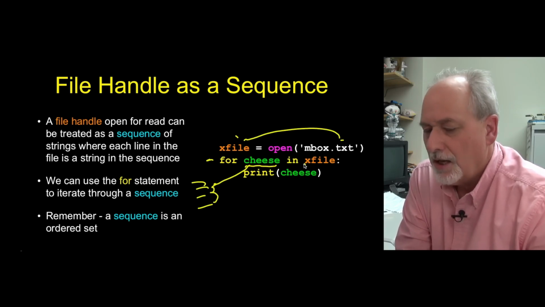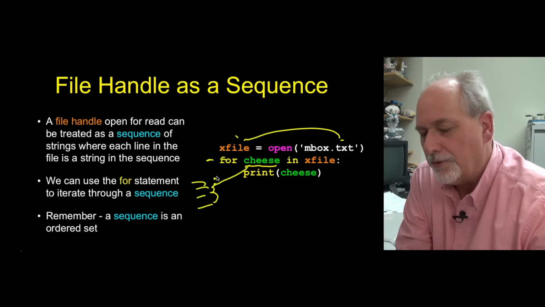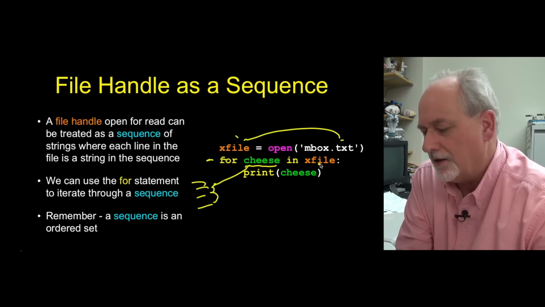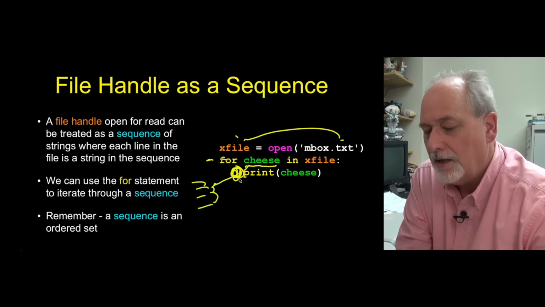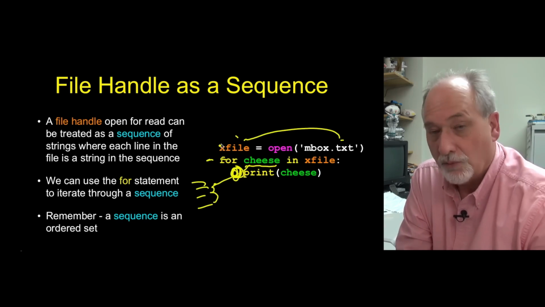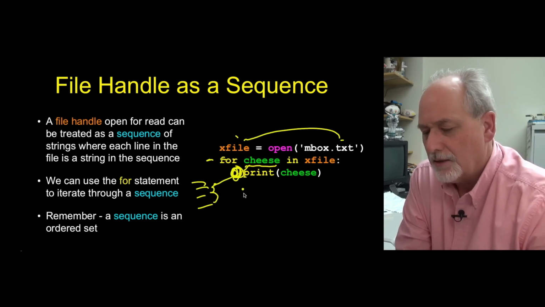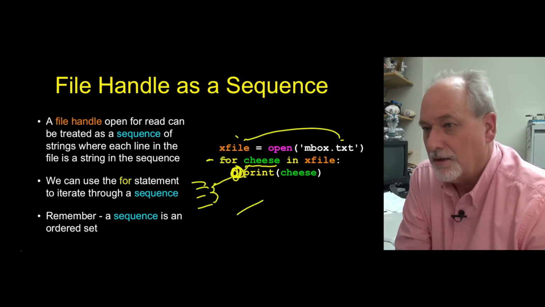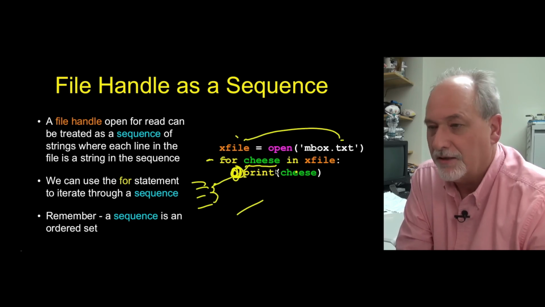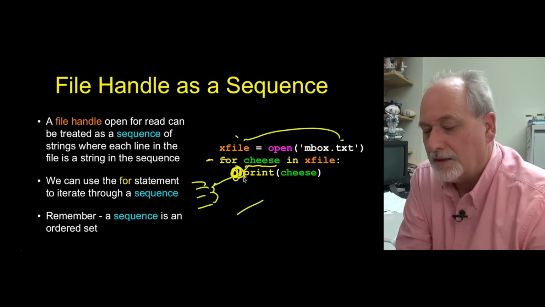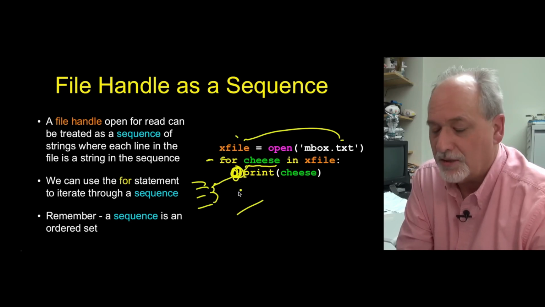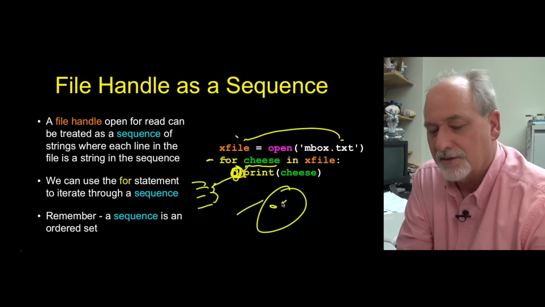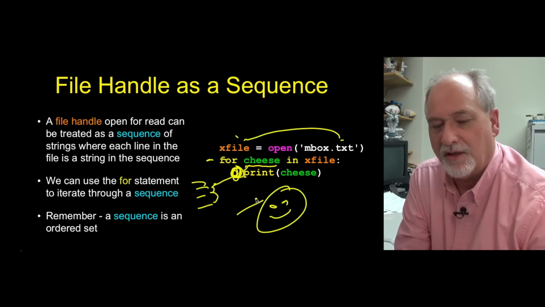I read this as for each line in the file handle xfile, run this loop one time for every line and then print it out. It's actually really quite simple. Other languages like C or C++ have to write while loops with end of file conditions and all kinds of things that make this very difficult. But this is one of the prettiest things that Python has.